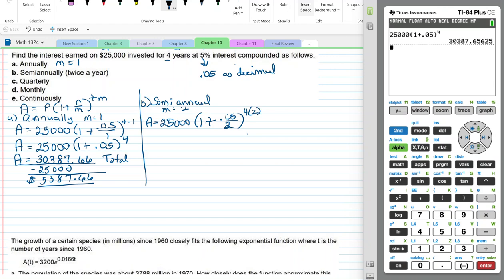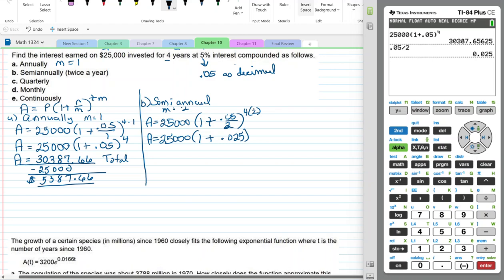I'm going to clean it up. And this is going to be 0.025. If I divide the 5% by 2, I get that. All right, just so long you know, and this is 8. And this is easier for me to put in a calculator and for you to see. 2, 5, 1, 2, 3, parenthesis, 1 plus 0.025, close parenthesis, up caret 8.